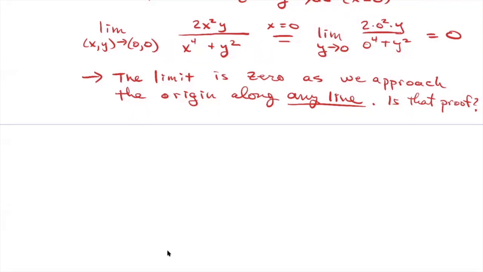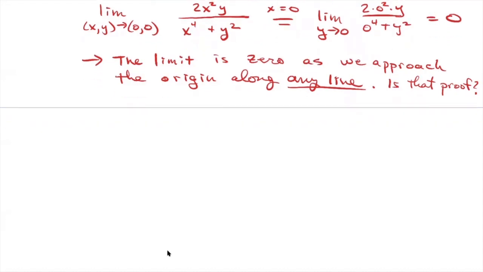So the question is, if we've proven it along any line, does that cover every curve as well? That's what we need to check. I'm just going to demonstrate that it doesn't.